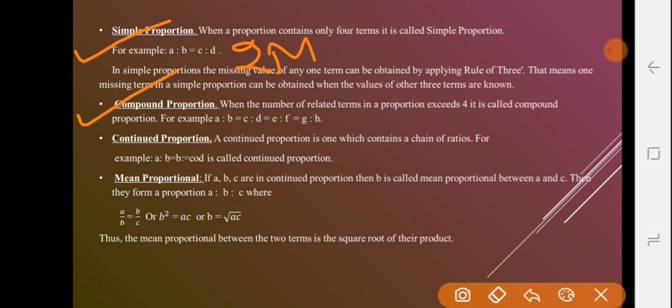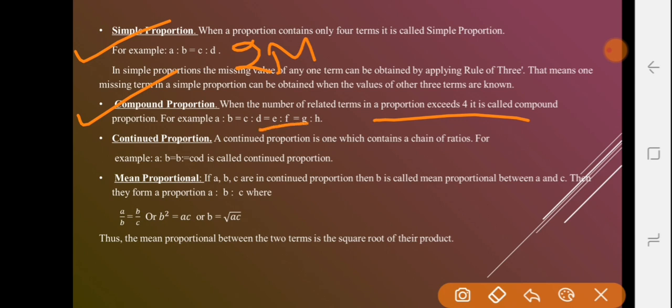Then we have compound proportion. When the number of related terms in a proportion exceeds 4, it is called compound proportion. That means the proportion has more than 4 terms. Usually in simple proportion we compare only 4 terms, a, b, c, d. In compound proportion we compare more than 4, e, f, g, h also.